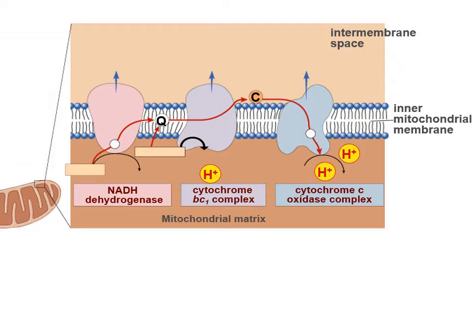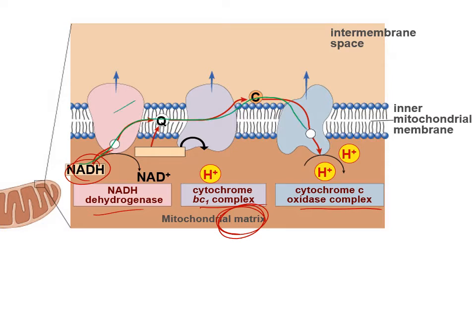So here's the schematic for the structures involved in it. The structures themselves have different names, and again, this is in the matrix here. This is where we have our NADH dropping off its electrons. The electrons are going to be following this arrow that we see through here.